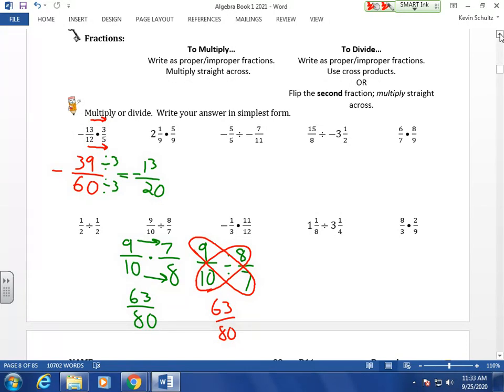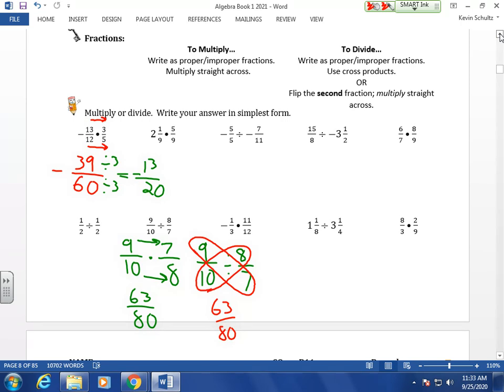Good question. Growing up, when I was not privy to the keep, change, flip acronym, I like that a lot, and we use cross product here. My struggle was always, how do I know which number goes in the numerator, which one goes in the denominator? The answer is the position of the number in the first fraction is where the product goes.